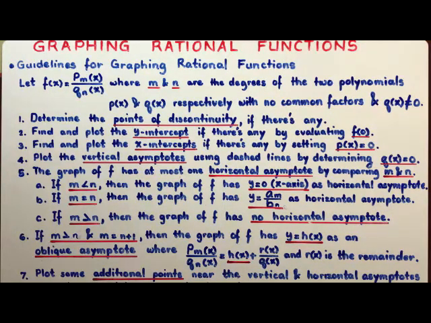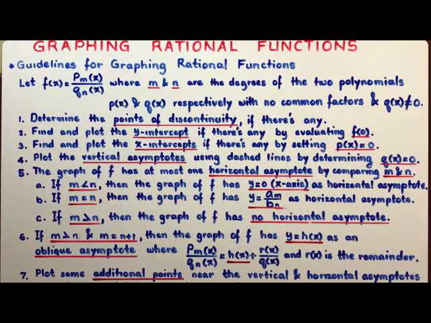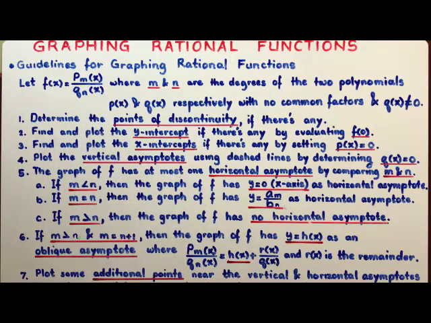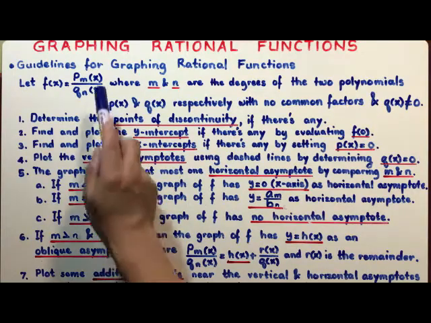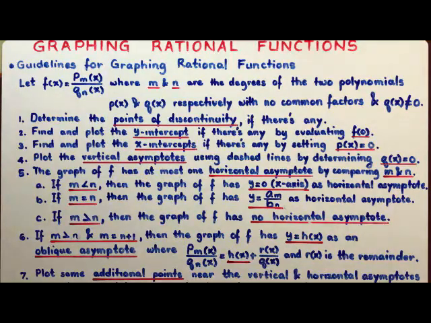So take note, if the degree of the numerator is greater than the degree of the denominator, there is no horizontal asymptote. But if the degree of the numerator is 1 degree higher than the degree of the denominator, then you will have an oblique asymptote, which can be found by dividing the numerator by the denominator, and the quotient, dropping the remainder, is our oblique asymptote.